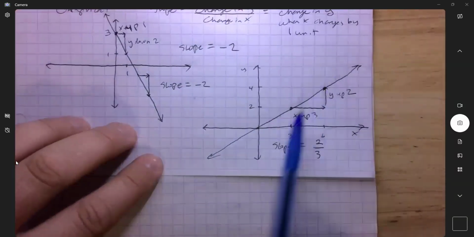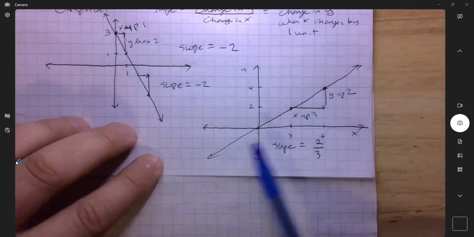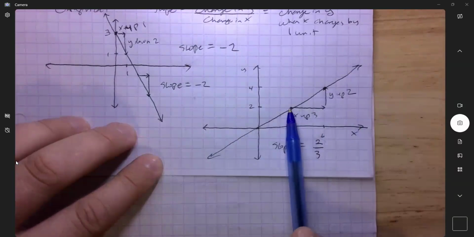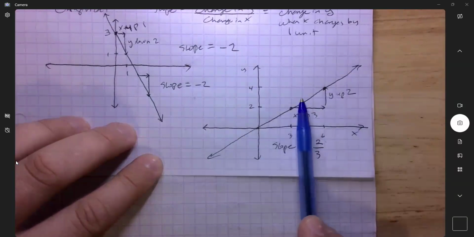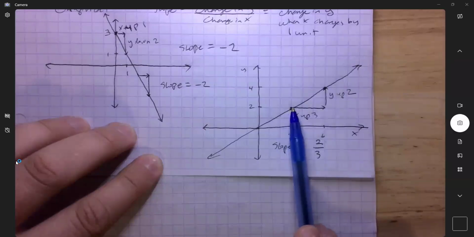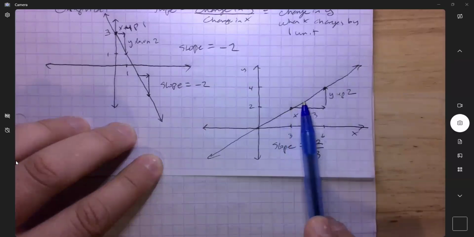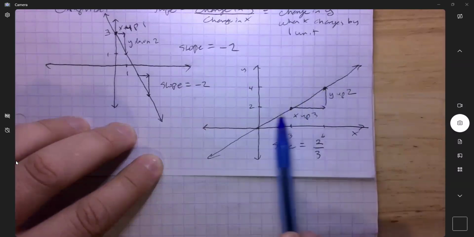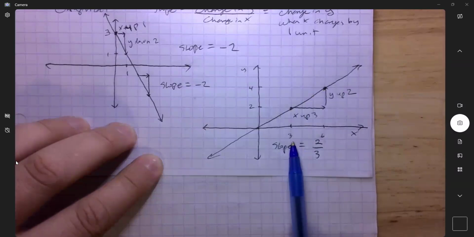In this graph, here are my axes, and here is my line. In this case, it's harder to see what happens to y when x changes by 1 unit because that point right there is not on a grid line. It's not an integer. So instead, finding the slope, it's easiest to count from a coordinate point to a coordinate point that are both on the grid lines or are both integer coordinates.